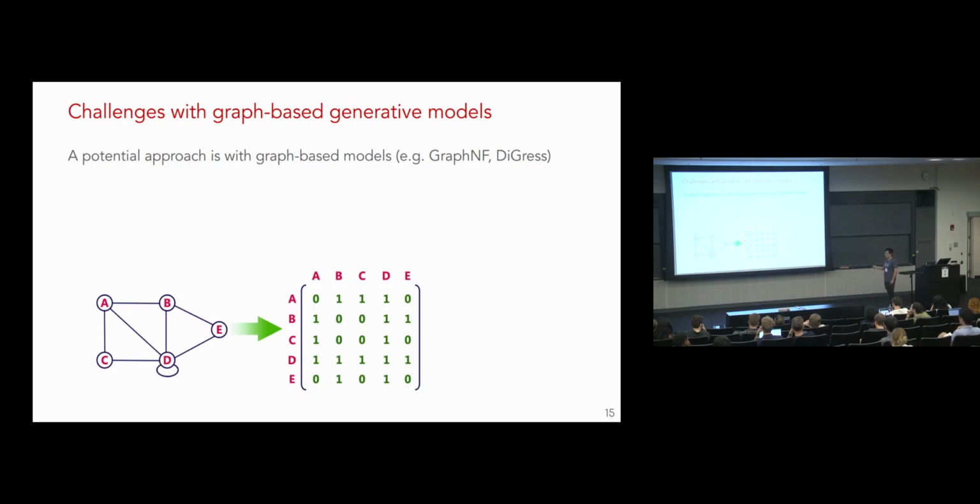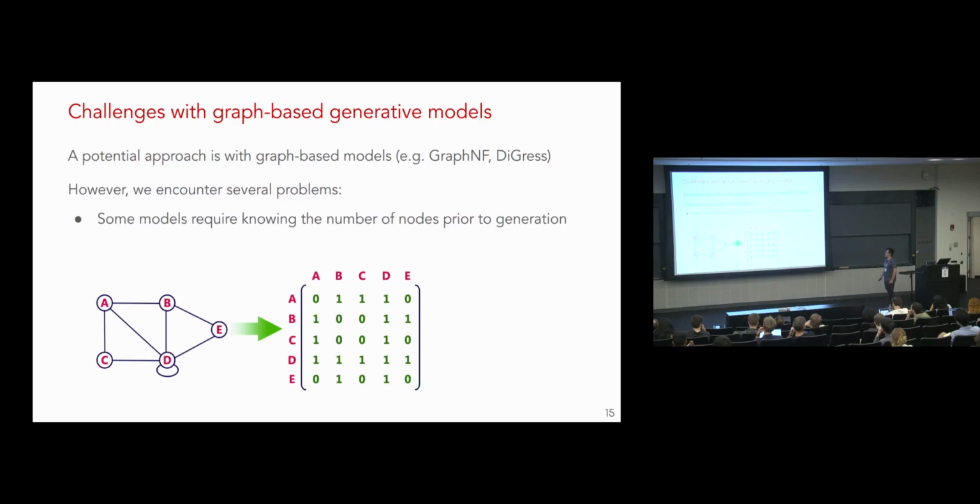But when we tried this, we found a couple of problems with this approach. One is that some of these models, not all of them, for example graph NF, require you to know the number of nodes beforehand. Some models would just learn the distribution of the number of nodes and generate it on the fly too.